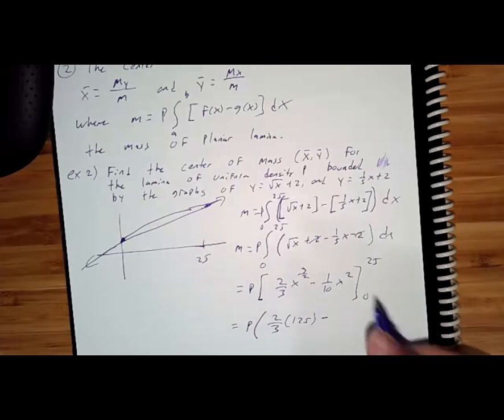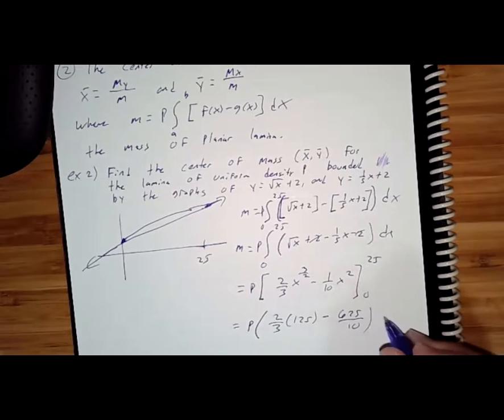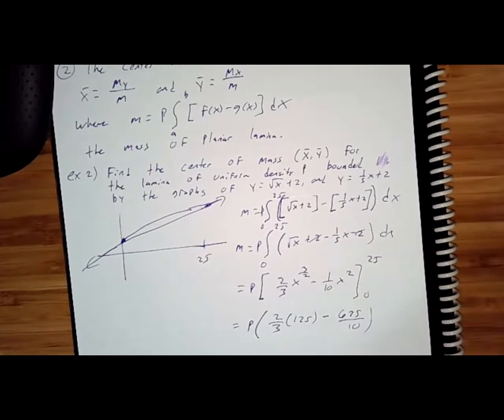It's 625. So there's our answer. That's about 125 over 6p. Once you do the math, that'll reduce.